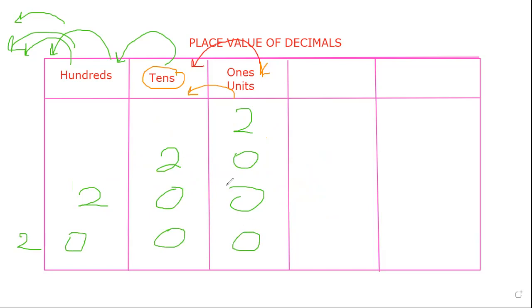But to show your value of 20, I need to put the 0. Yes or not? If not, you wouldn't know that number is 20 in the units house. To show this is 200, I need to put 0 and 0 in the tens and the units house. To show the number 2,000, I need to put the 0 in these 3 houses. So the 0 is like a placeholder.